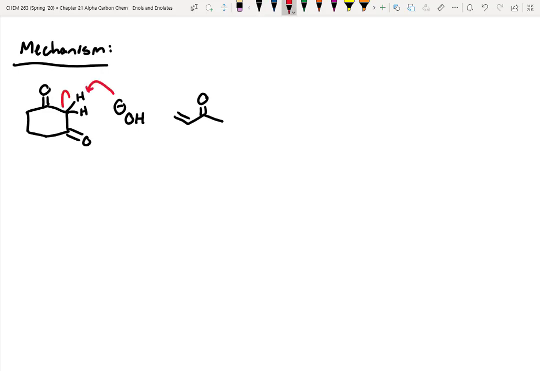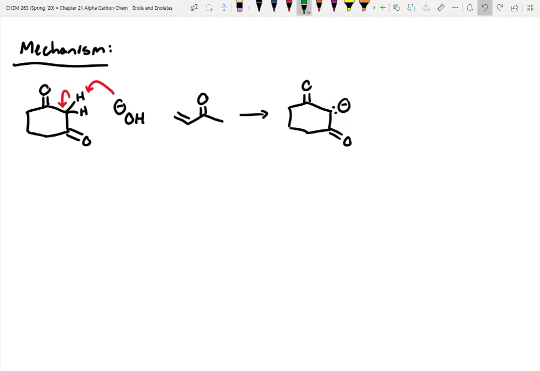Because if we pluck off one of these protons, the resulting conjugate base is highly resonance stabilized. What I mean by that is we would get a negative charge on this carbon, and this negative charge could be shared with that oxygen, or it could be shared with that oxygen. So that negative charge is essentially delocalized across three different atoms, which means it's going to be really stable.